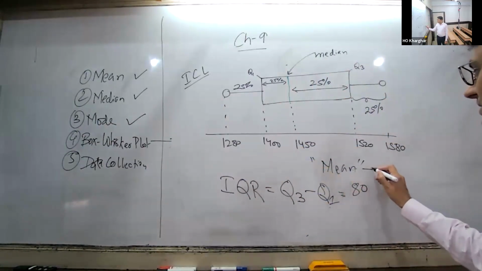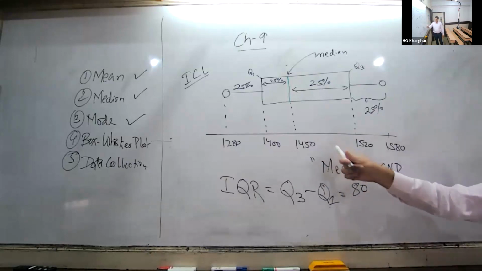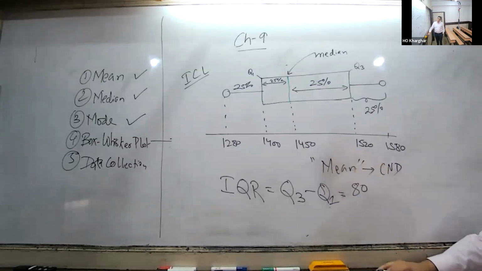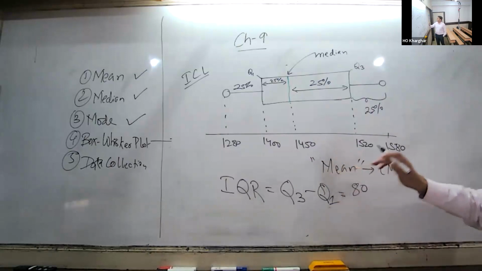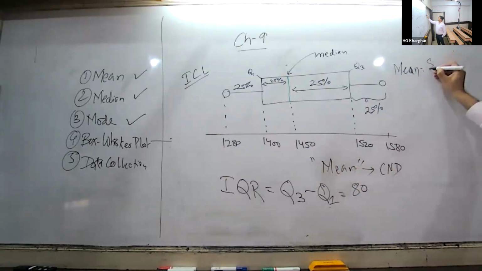The answer for the mean is that it cannot be determined. From the box and whisker plot, you will not be able to give me the mean score because this data is insufficient. To find the mean, I need the sum of all the quantities upon the number of quantities.